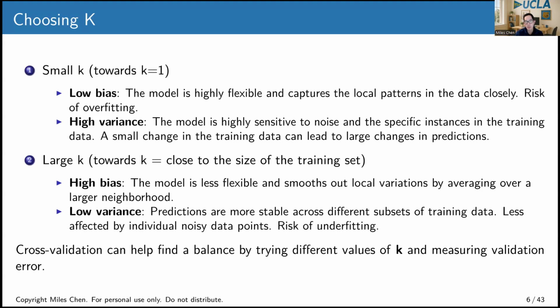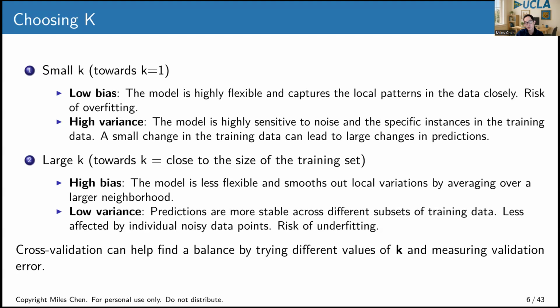So even if you pick a different random sample or things like that, your predictions won't change very much. Okay. It'll be less affected by individual noisy data points, but you run the risk of underfitting.